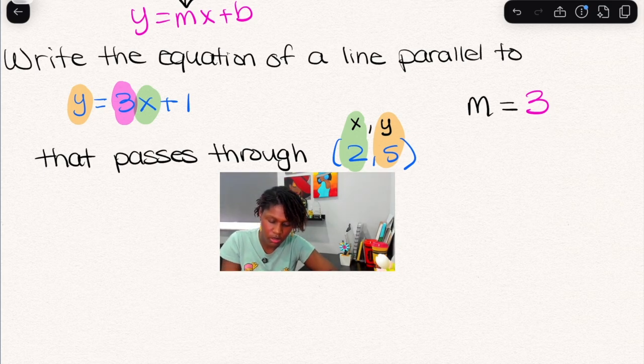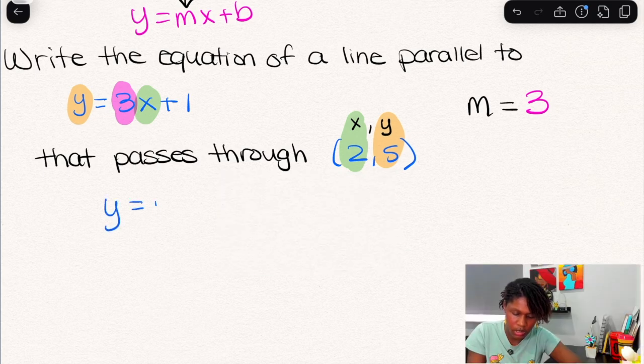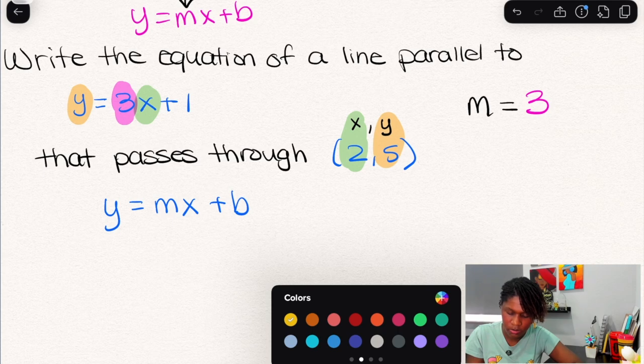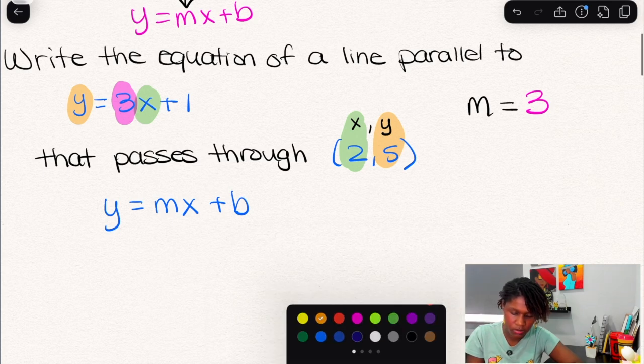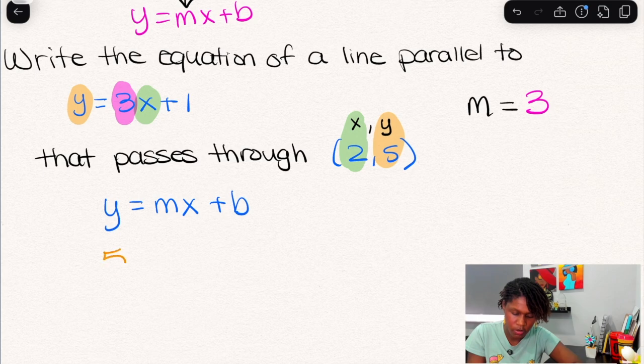So let's start with our original equation. y equals mx plus b. For y, we're going to plug in the number 5. For our slope, we're going to plug in the number 3.